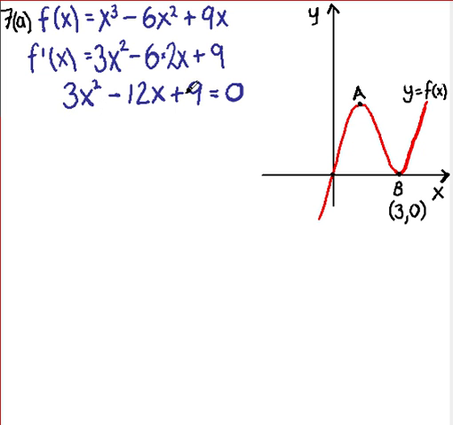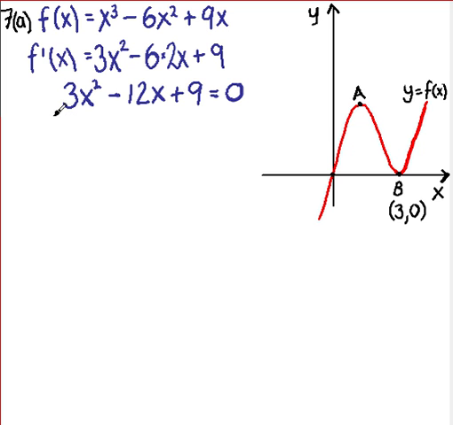So what we have here is a quadratic expression. We need to factorize this into 2 brackets in order to find our x value. But before we do that, we can take out a common factor. 3 goes into each of these.